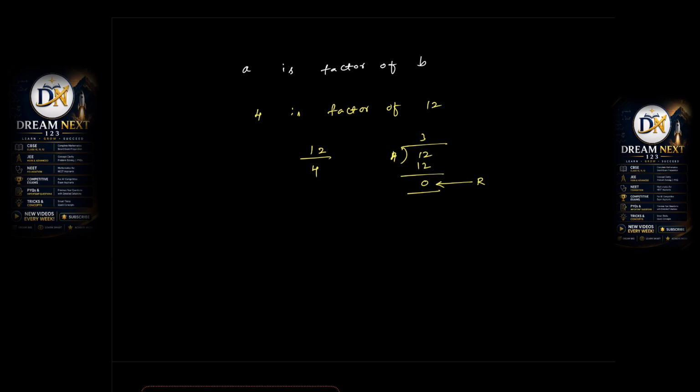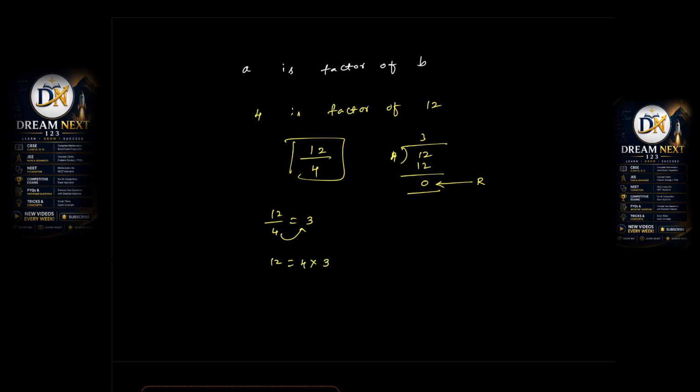I can write this as 12 by 4. After dividing, I will get some natural number, which is 3. I can rewrite this as 12 equals 4 into 3.